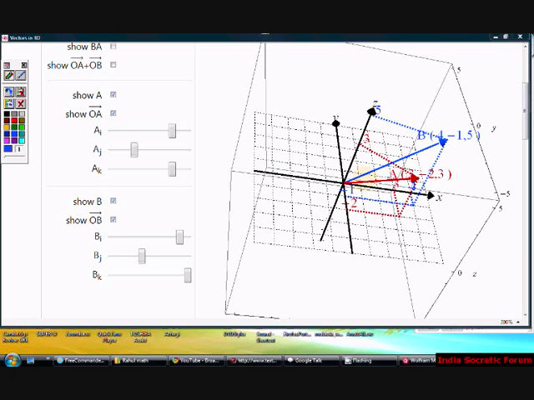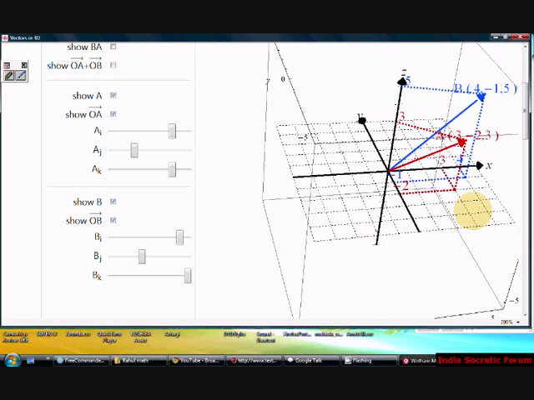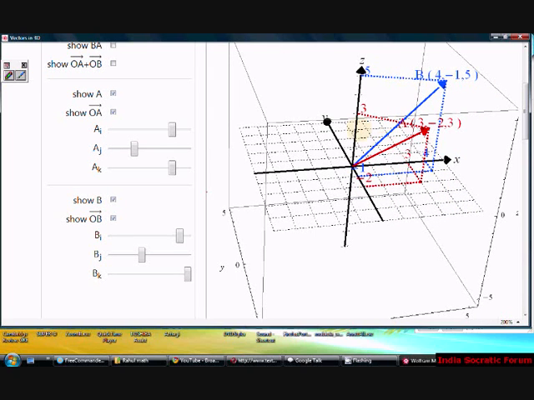All we need to find out is the angle between these two vectors. That is the one we want to find. It's going to be theta, pointing this way. And the points are denoted from the x, y and z axis. So this point has an x component, y component and z component.